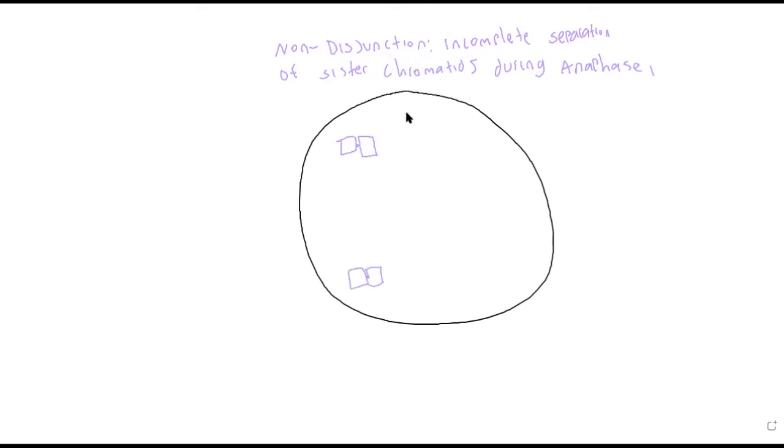So we see that with chromosome 1, the newly recombined sister chromatids have separated just like they should. But in the other chromosome pair, we're going to see something a little bit different happen.